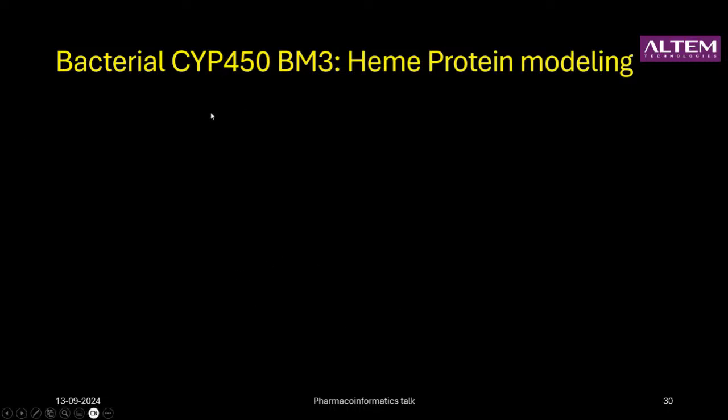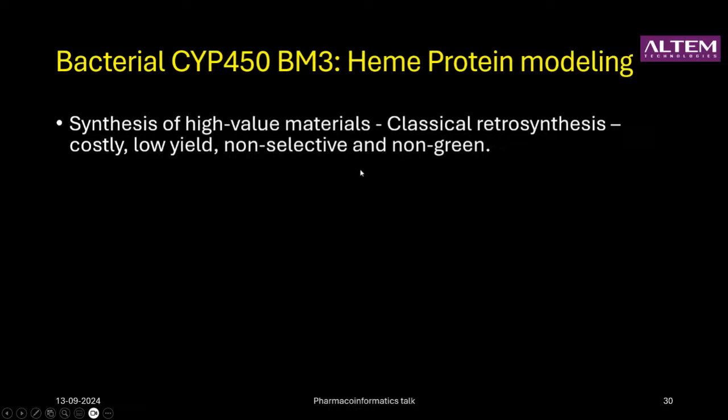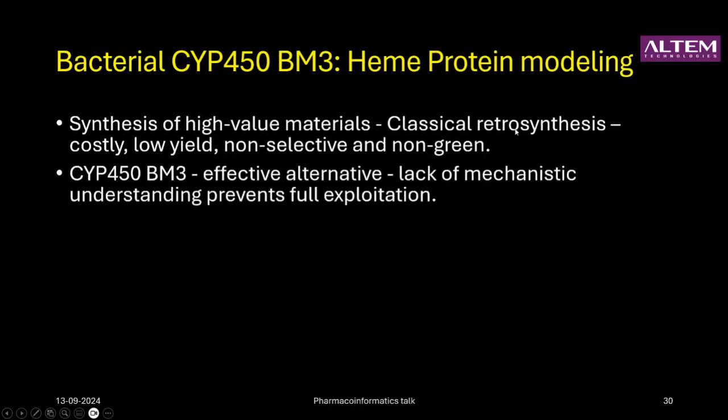So additionally, we have been interested in other heme proteins because they are also electron transfer proteins. They are very important in the synthesis of high value material, and because the retrosynthetic classical methods end up being very costly, low yielding, non-selective, and non-green.